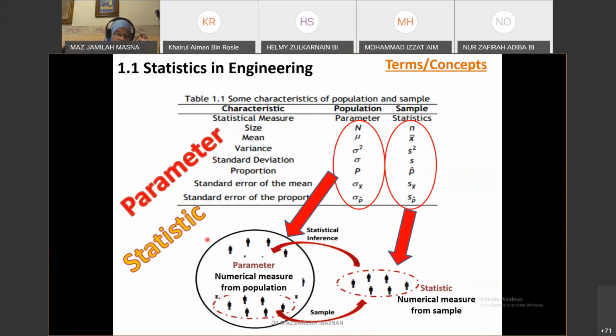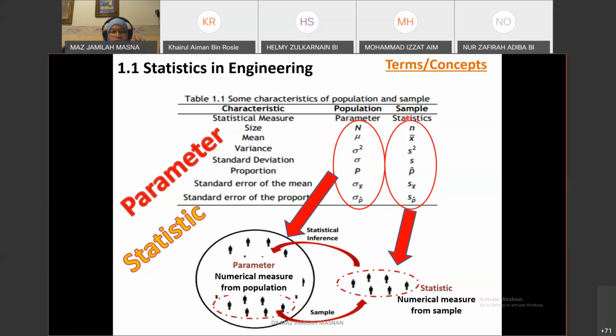Second, we call them statistic. Bear in mind here, class, there is no S here. It turned out that this is a spelling mistake. Whenever you refer to a measurement from your population, that measurement is called a parameter. When you measure from your sample, that measurement is what we call a statistic.